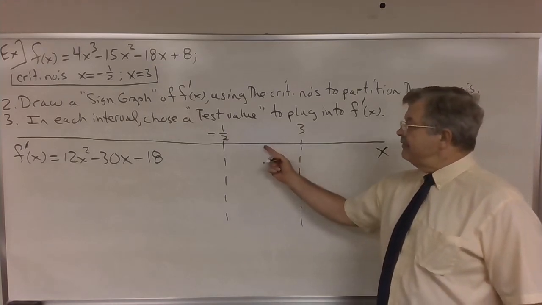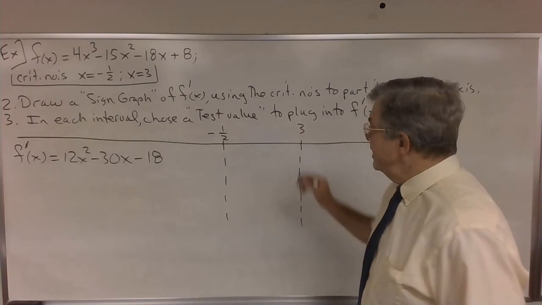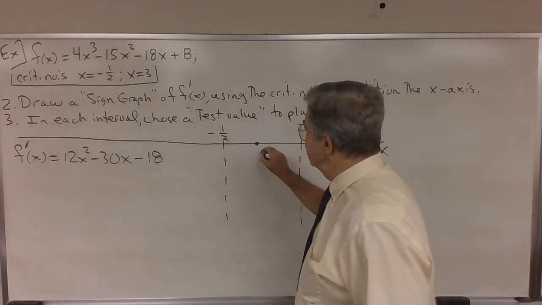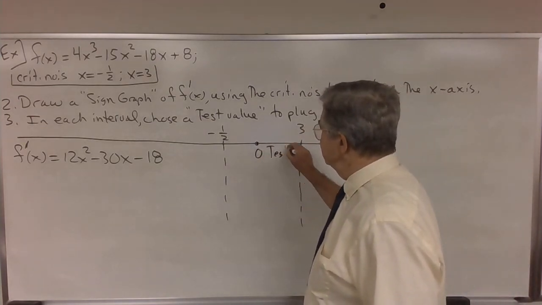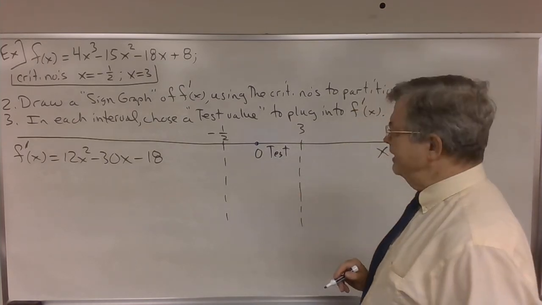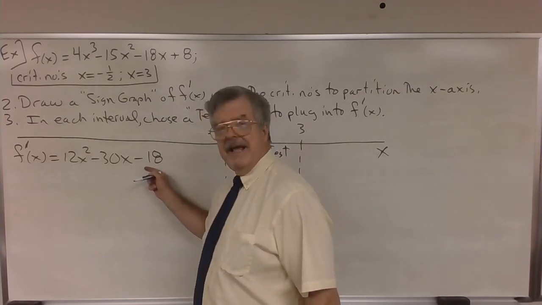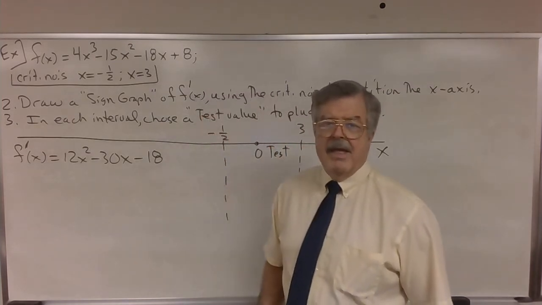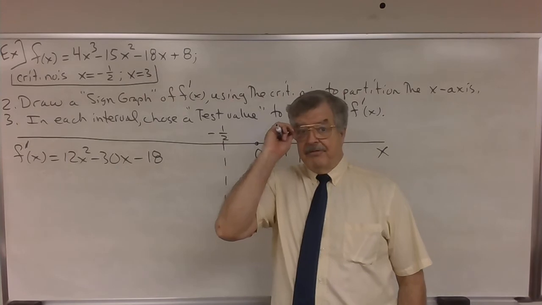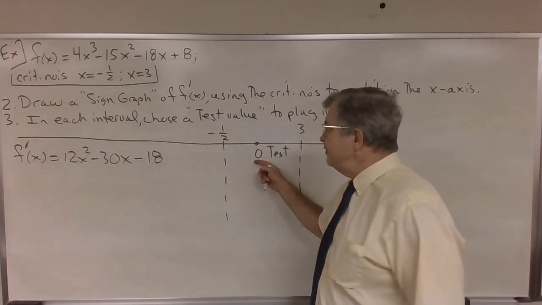And in each interval, we'll pick a test value to plug into the derivative. We have 0 in this interval, and 0 is always a great test value. If we can get it, it's a great test value. So I plug 0 into the derivative, I get -18. And what really interests me is not the 18, but the negative.